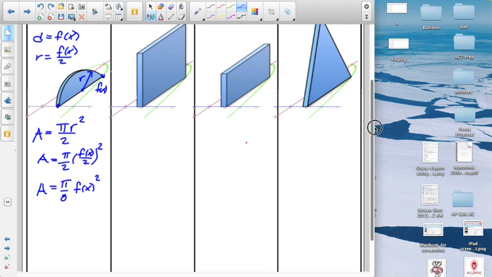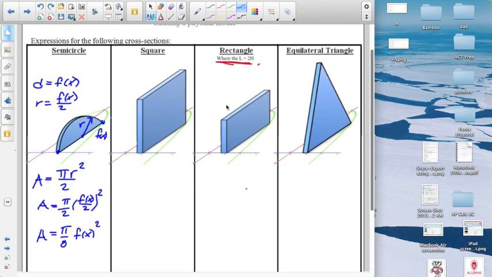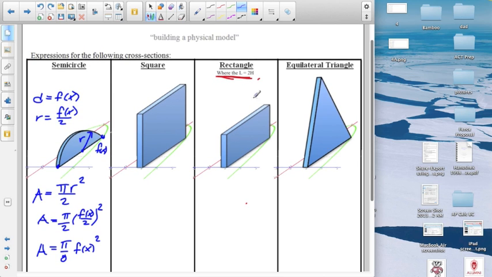Going to the square, we know that the area for a square is side squared. If we call the edges of the square S, we're talking about side squared.